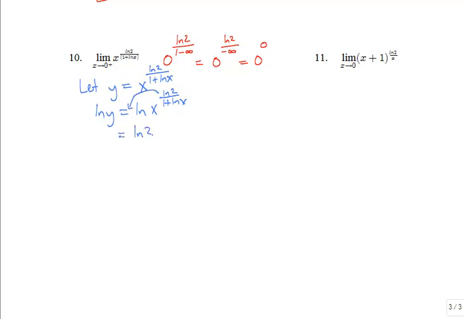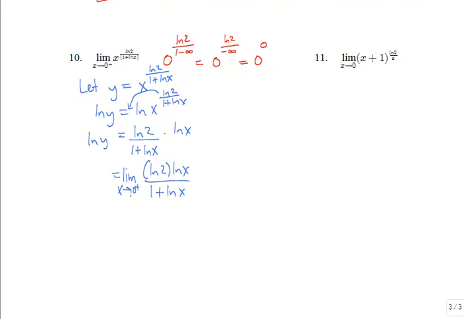So the ln of 2 over 1 plus ln x comes out front, and it's being multiplied by this ln of x. So here's what I have. Ln of 2, let me use parentheses here, ln of x over 1 plus ln x. And what we want to do is take the limit of this new quotient and then get that answer and set that equal to ln of y, and then undo the ln to figure out what the y actually is.